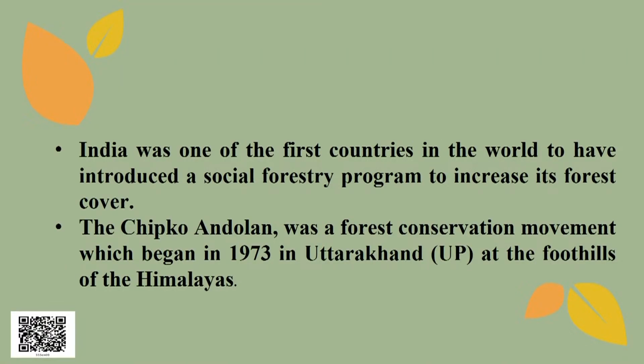Chipko movement, we all know, was a forest conservation movement which began in 1973 in Uttarakhand at the foothills of the Himalayas. Previously it was in UP, but now it is in Uttarakhand.